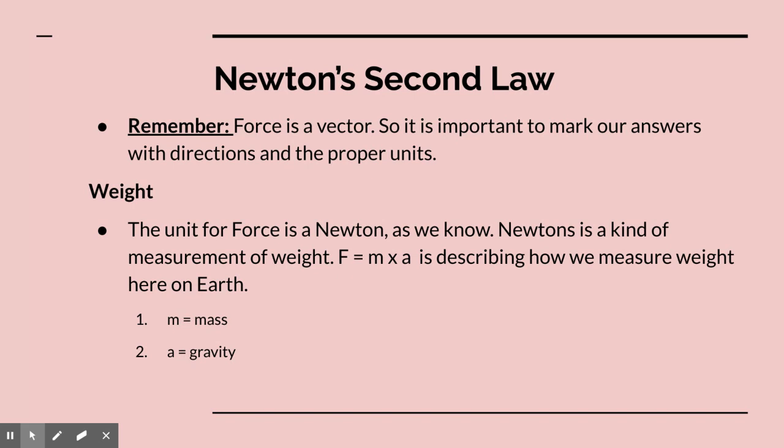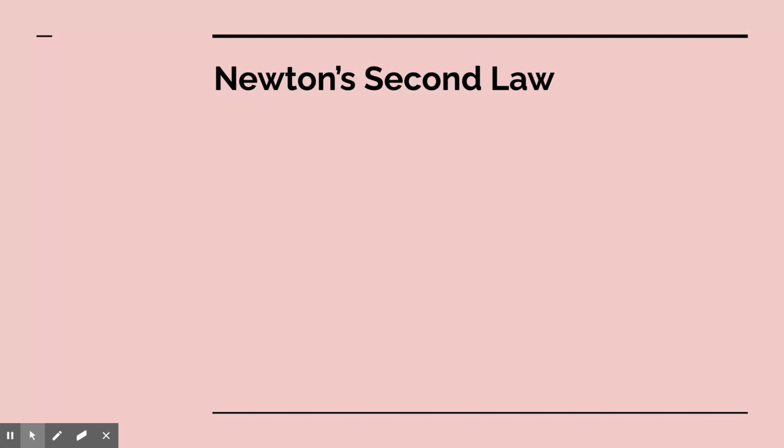But anyway, your weight stepping on a scale, that measurement of pounds, is just another form of measuring a force. Your weight is a force. So here, F equals m times a is describing how we measure weight here on Earth, where m is equal to mass, and acceleration is equal to gravity.